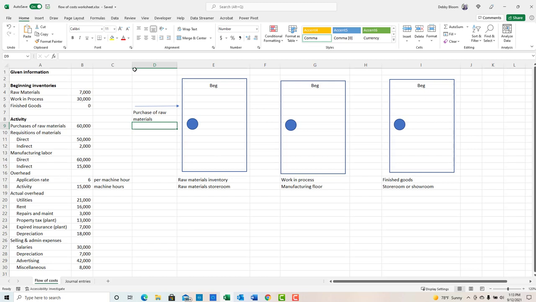Now, in our manufacturing environment, we don't want the raw materials just sitting there doing nothing. So the next thing that's going to happen is we're going to requisition those raw materials. So what happens is when we requisition those raw materials, we're going to take them from the raw materials inventory or the raw materials storeroom and move them on to the manufacturing floor. So requisitions of raw materials is going to increase the work in process.